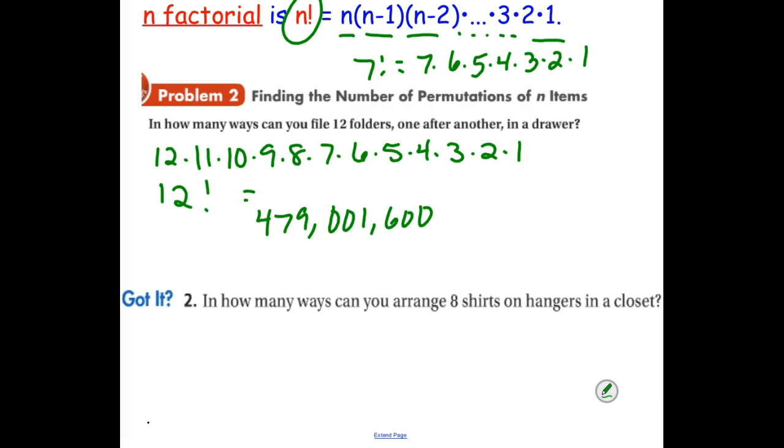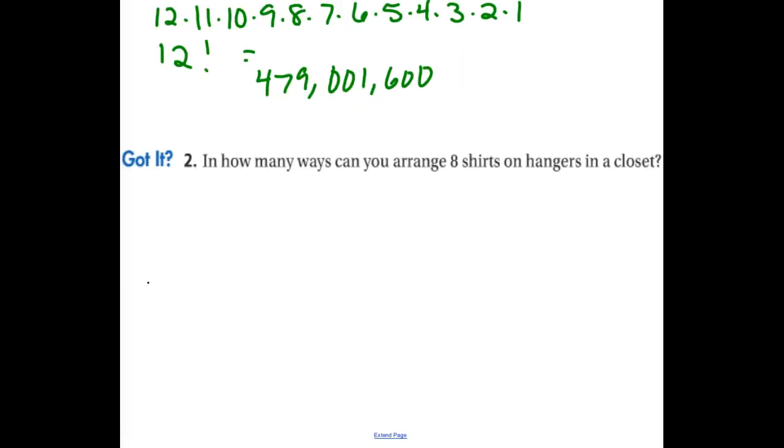So in how many ways could we arrange 8 shirts on hangers in a closet? What's the short way of writing that? 8 factorial. Yep. Grab your calculators. What's 8 factorial? All right, I saw some 40,320. Okay, questions about the use of a factorial key?